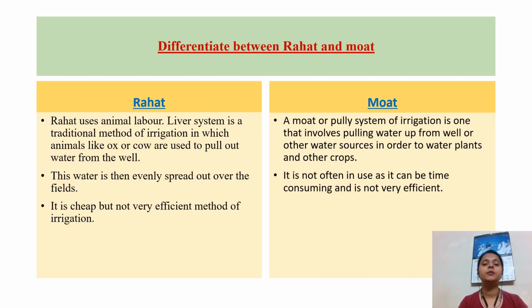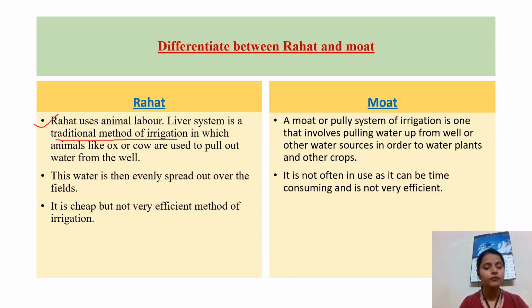Now here come the differences between Rahat and Moat. Let's read one by one. First, Rahat. The first point is Rahat uses animal labor. The Rahat system is a traditional method of irrigation in which animals like ox or cow are used to pull out the water from the well. Whereas in Moat, a moat or pulley system of irrigation is one that involves pulling up of water from a well or other water sources in order to water the plants and other crops.